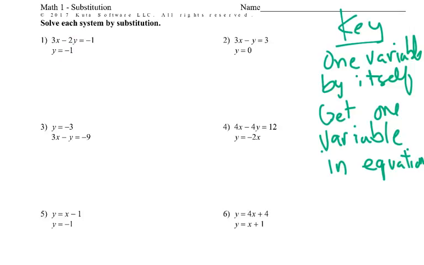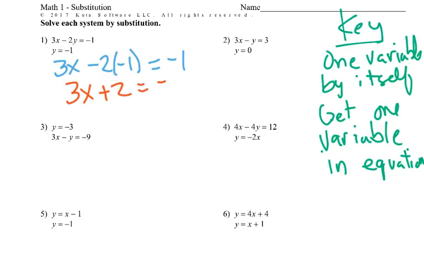So instead of 3x minus 2y, I get 3x minus 2 times -1 equals -1. Okay, so I took that same top equation, just substituted -1 in for the y. That gives me one variable. Now I can solve. If I have one equation and two variables, I can never solve it for one exact answer. Okay, so I get 3x plus 2 equals -1.